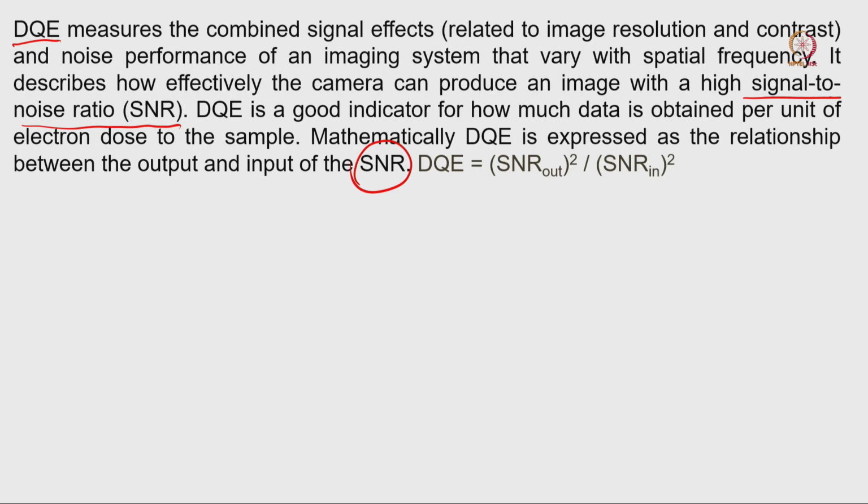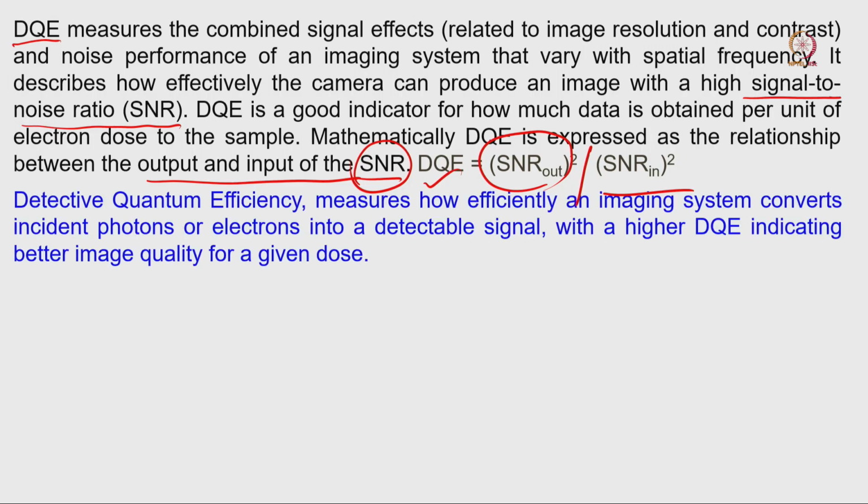Mathematically, DQE is expressed as the relationship between the output and input signal to noise ratio: the signal to noise ratio out squared divided by the signal to noise ratio in squared. That is called the DQE. If DQE is higher, your image quality will be much higher and your contrast will be much better. So here I am showing you an image.